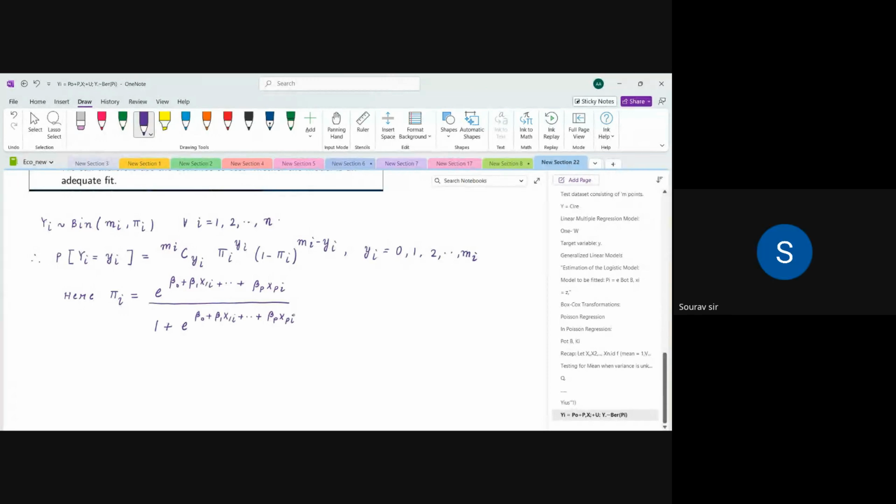Correct. So in order to model the probability, I am using the logistic function, या फिर जैसे कि तुम्हारे slides में कहा गया है, I am using the logit link function. Okay. So that means from this data हमारा likelihood कैसा होगा, राइट?